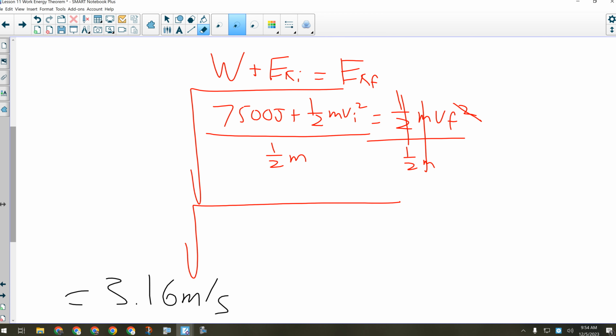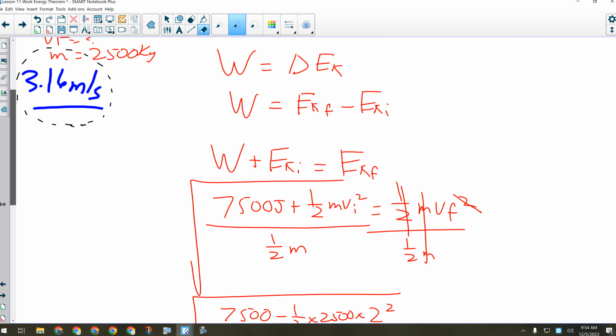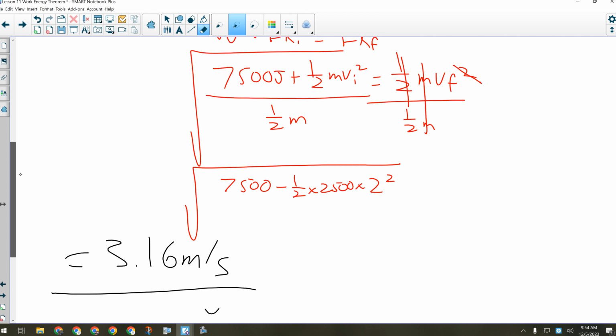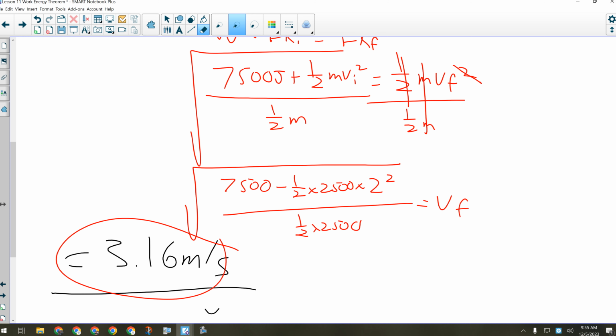So when I plug in my numbers, that's going to be 7,500 joules plus 1/2 times 2,500 kilograms times 2 squared, the initial velocity, divided by 1/2 times 2,500. That's going to give me vf, which is going to come out to 3.16.